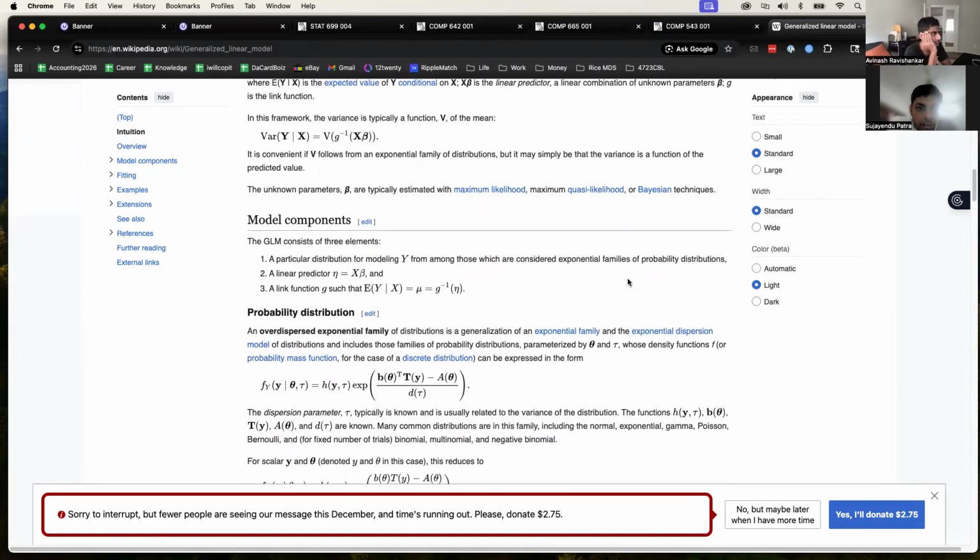So you can see that you have the y, which is drawn from some probability distribution. And people usually talk about the exponential family. Basically, the probability distribution is e power something, something kind of formula. And then you have a linkage such that the expectation of y given x is some function of x beta. They have introduced a parameter eta in between just to make the linkage.